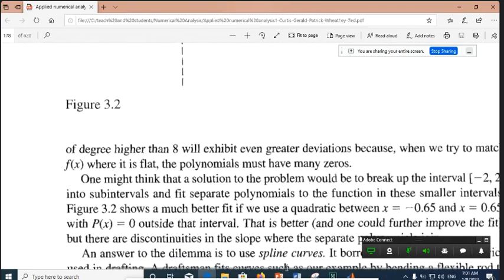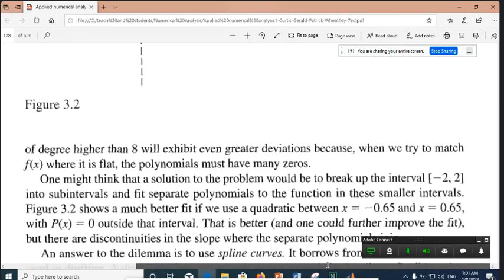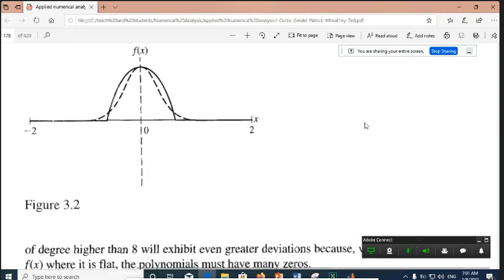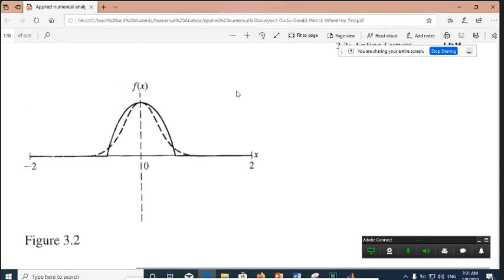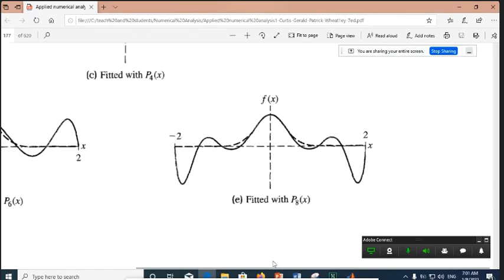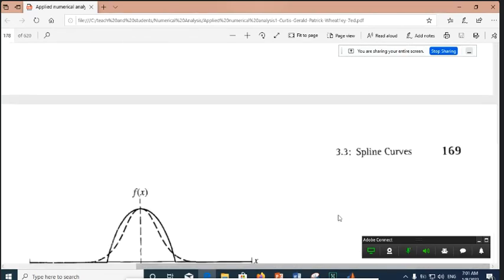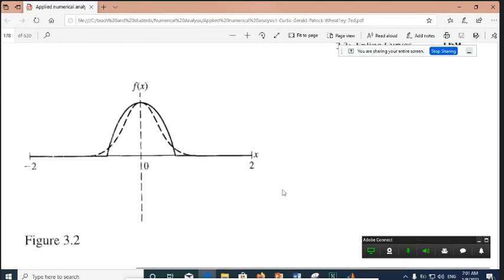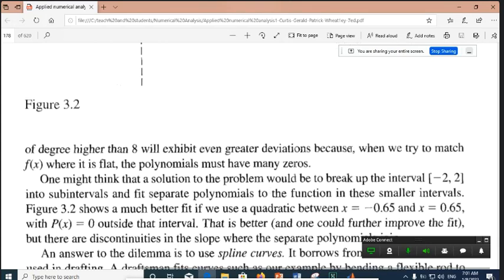And we want to introduce a spline curve and how a spline curve can really conquer this problem and efficiently approximate the values of the function at other points.